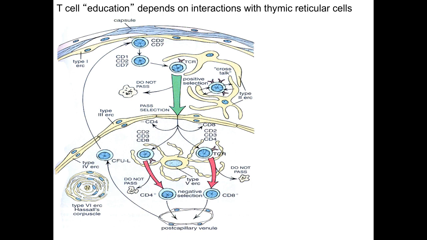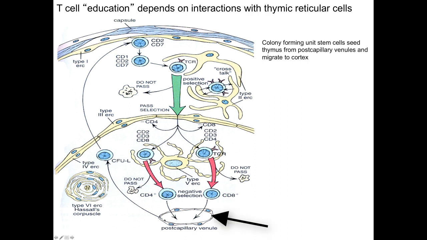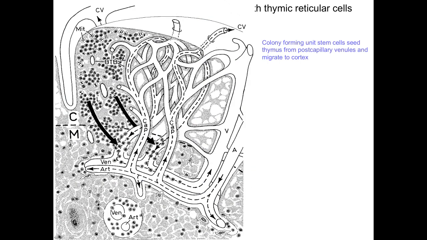There are colony-forming unit stem cells that seed the thymus from post-capillary venules. These colony-forming units will migrate from the medulla into the cortex, and it is in this region that these cells will start interacting with epithelial reticular cells. Here, remember, this cartoon said these cells are maturing and then migrating back into the medulla where they'll enter the general circulation.